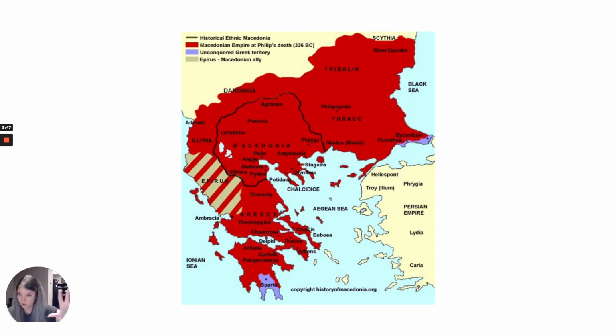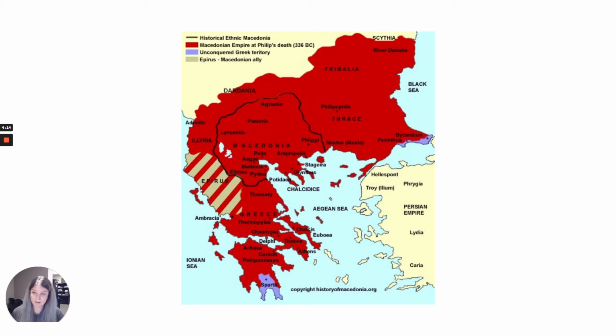So he's conquered quite a lot, Philip II. He has not just Macedonia, but he has Greece, he has this big chunk up here, he has most of this area except Epirus, that's their big ally, so it's essentially part of their empire, basically. You'll notice the unconquered Greek territory down at the bottom is Sparta, right? Don't mess with Sparta.